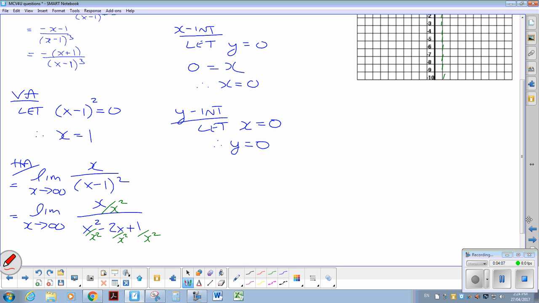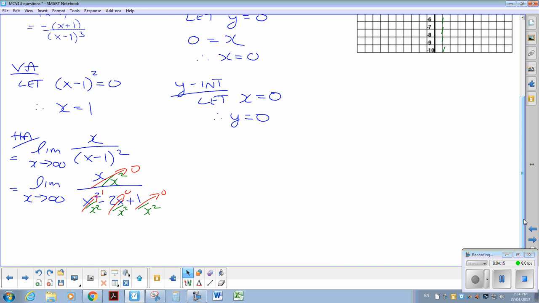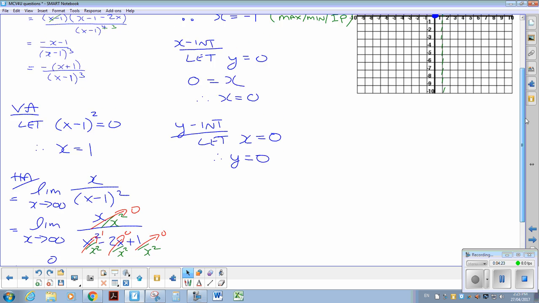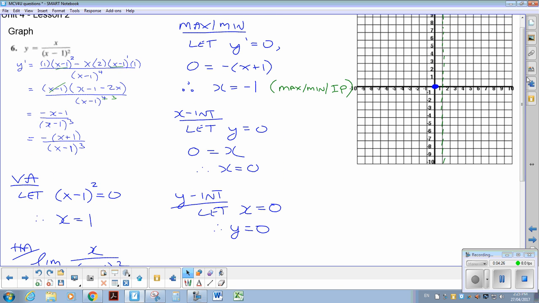From that, my top is going to go to 0. That term goes to 1, 0, 0. And in the end, we find that it is going to equal 0 over 1, or 0. So we have a horizontal asymptote, and it is along the x-axis. So I put that asymptote on my graph.